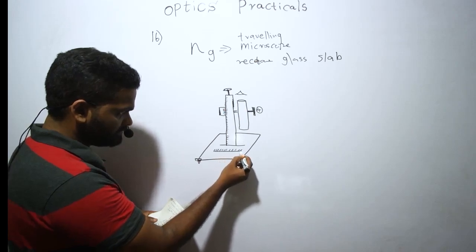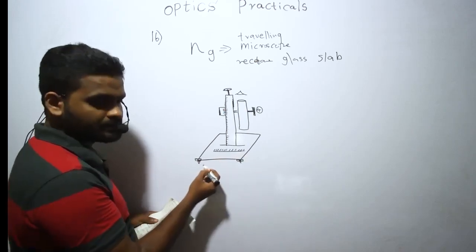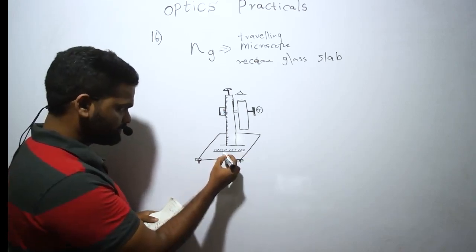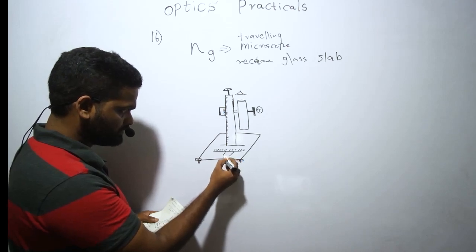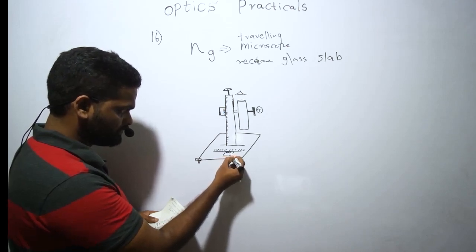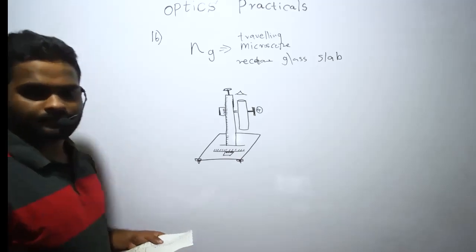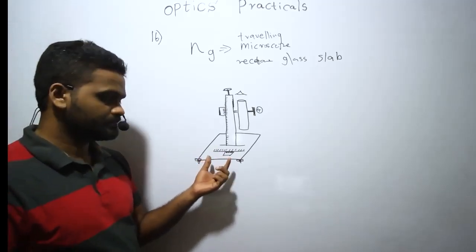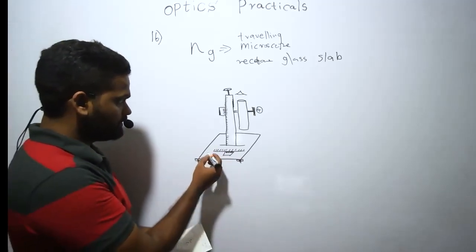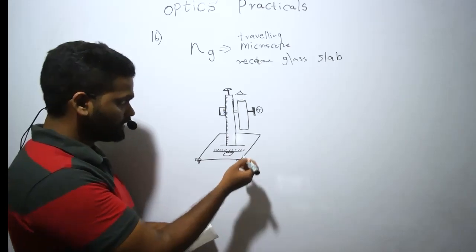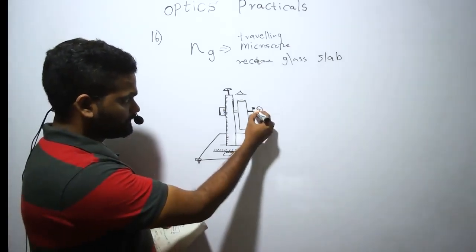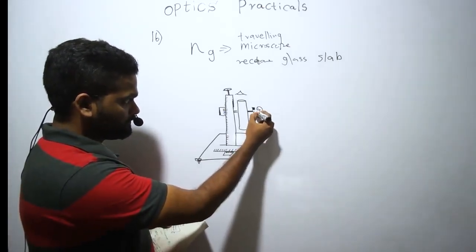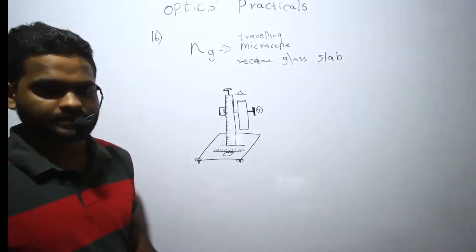This is a scale calibrated in millimeters, and there's a part here as well. That part is the vernier scale.